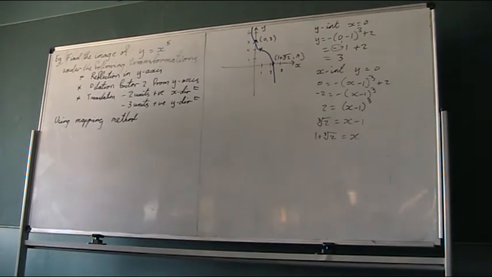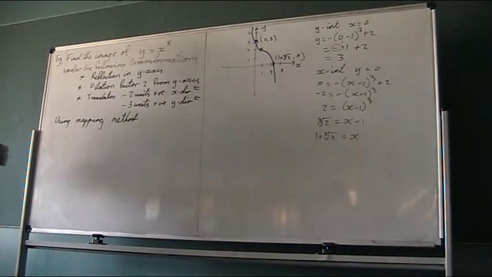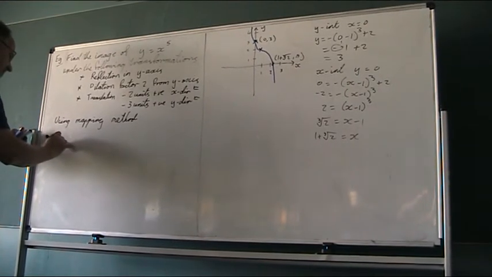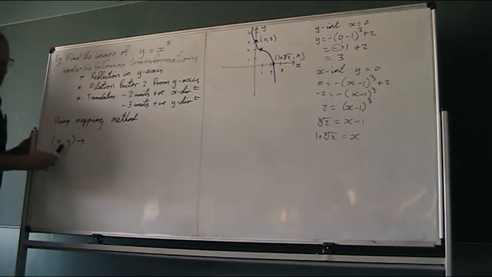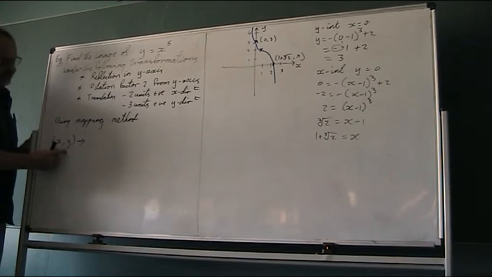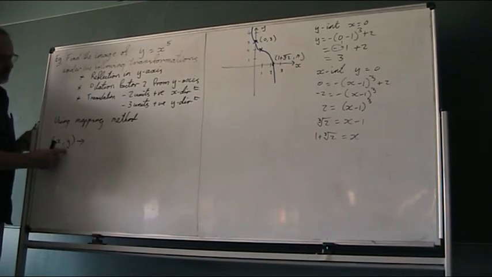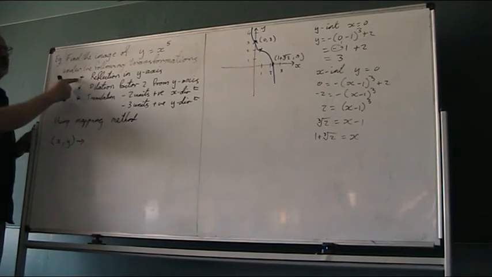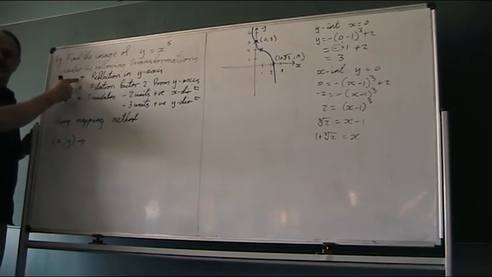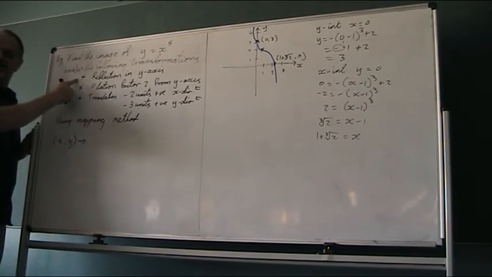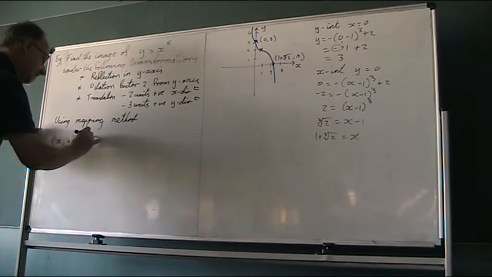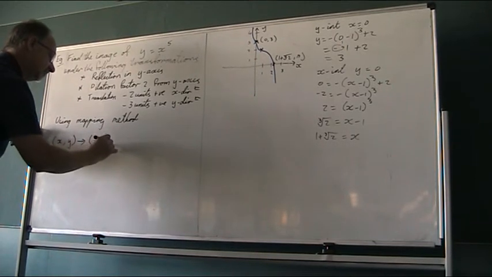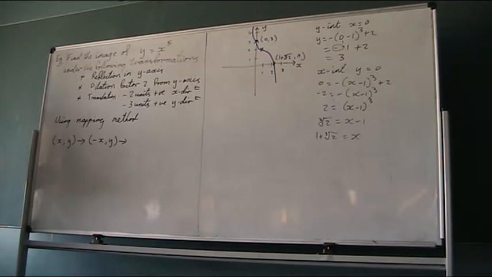So from our original x and y, we then do something. What are we doing? We're reflecting in the y-axis. So what happens when we reflect in the y-axis? What changes? x changes and becomes negative. There's our first thing.